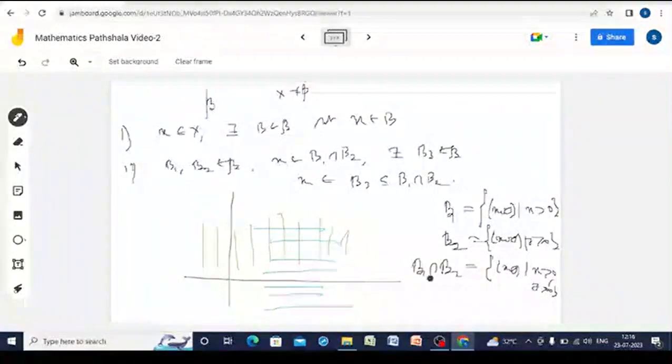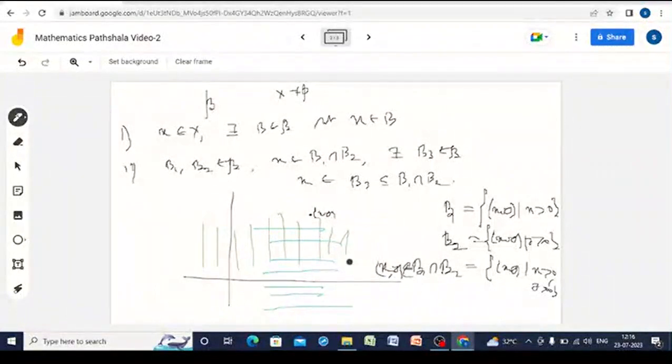So now we will show that the second condition will not be satisfied. Take any point (x, y) from B1 intersection B2. For script B to be a basis, we need to find another element B3 such that (x, y) belongs to B3, which should be a subset of B1 intersection B2.